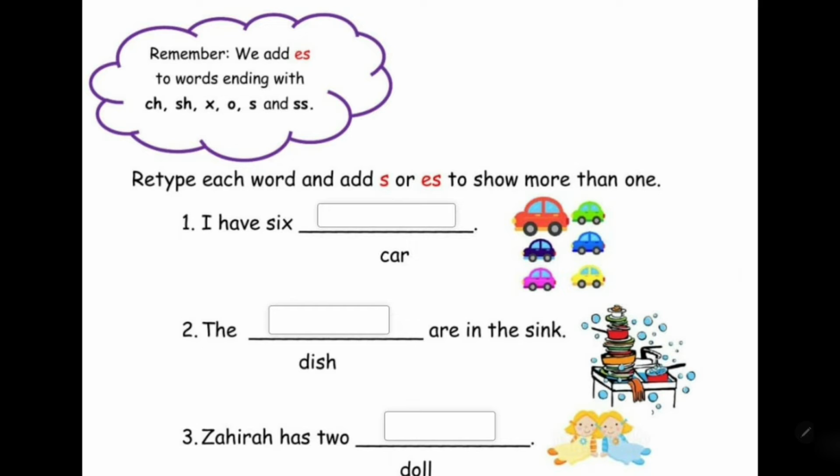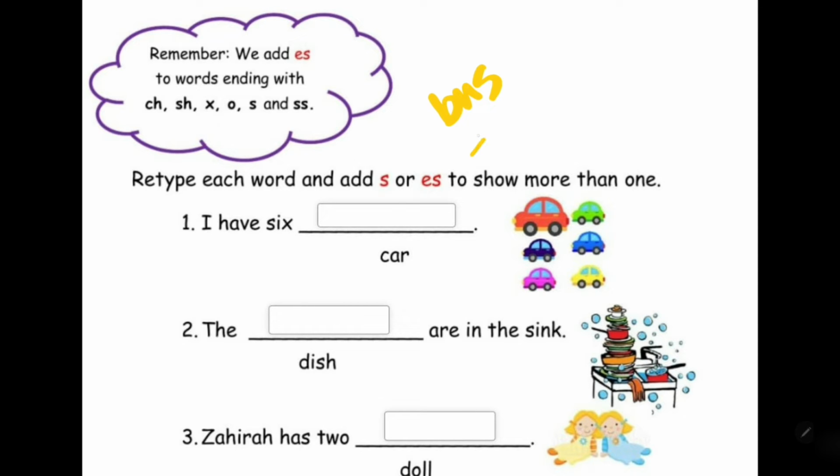Now coming to s, words ending with s. What are the words that end with s? Tell me. The word is bus. There is one bus.